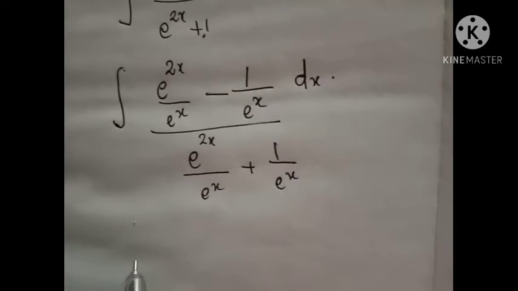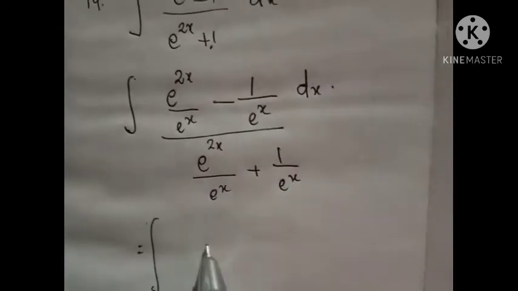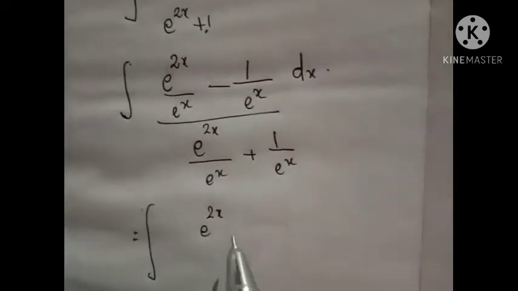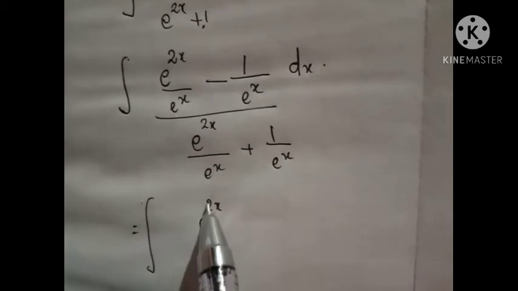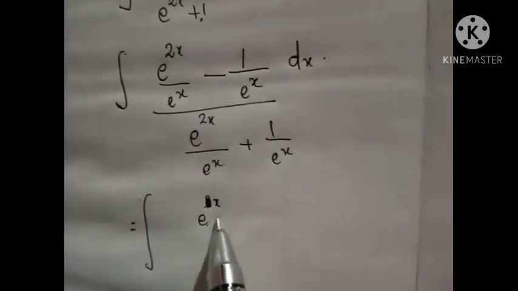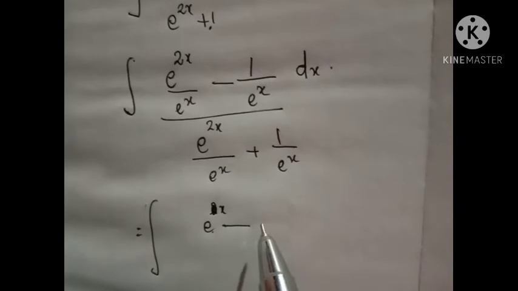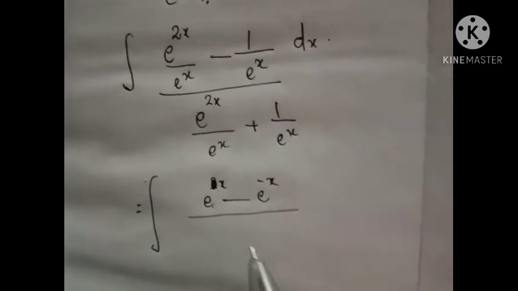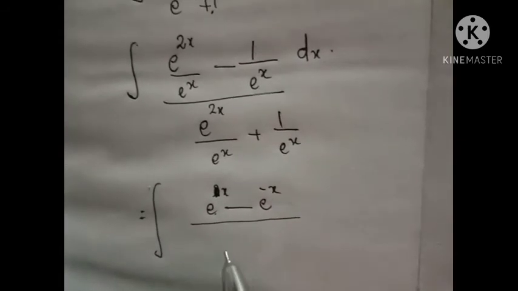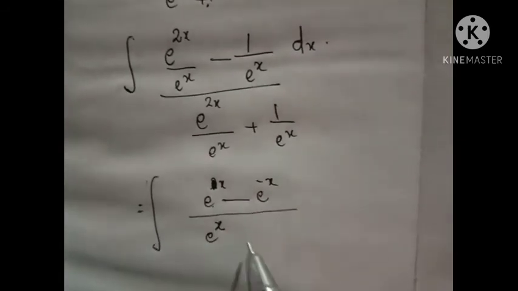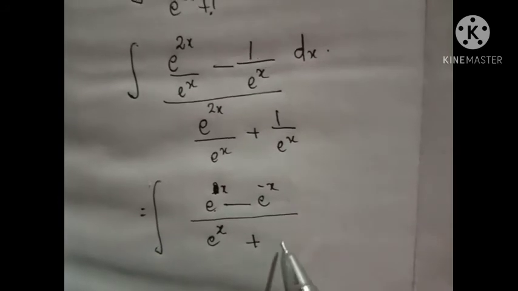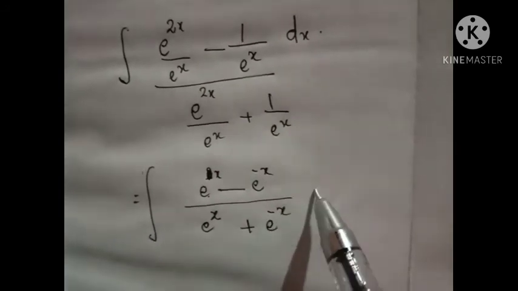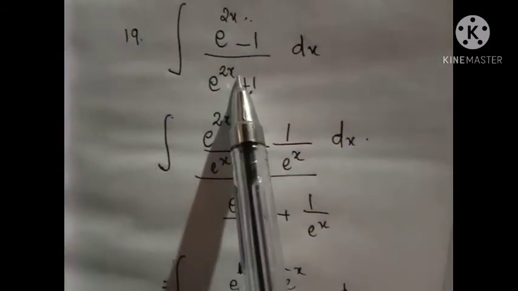This can be written as integral: e raised to 2x by e raised to x is e raised to x, minus 1 by e raised to x is e raised to minus x, divided by e raised to x plus e raised to minus x. So the given integrand reduces to this form.